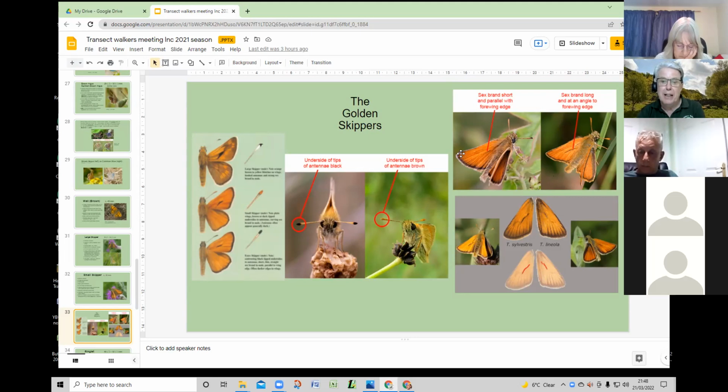And the band around the outside, which is always darker in both species, is actually broader in the Essex. And also you get these darker lines coming in from the edge. Again, it's not characteristic, but you see the broader band. So you've got to put these bits of evidence together.